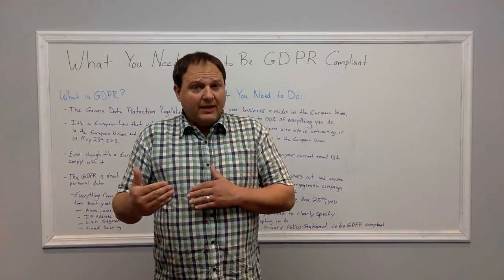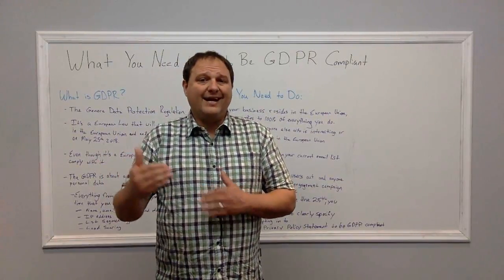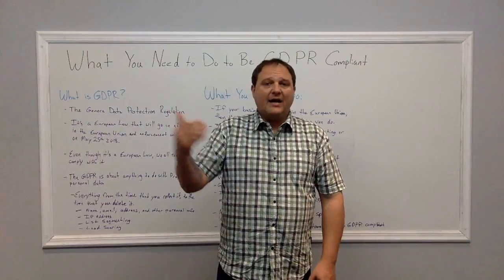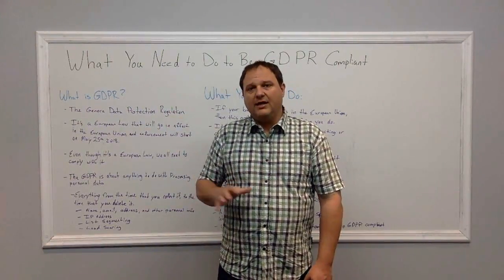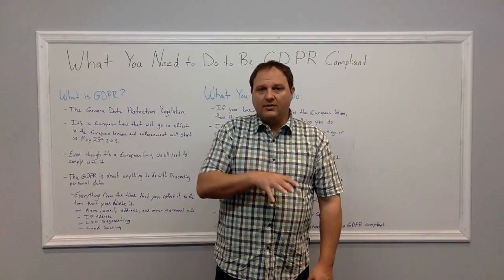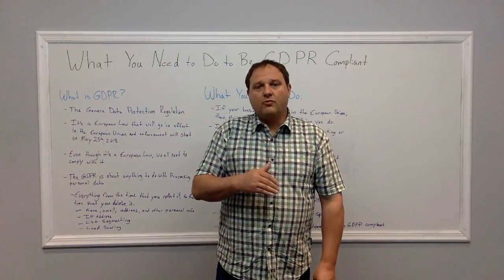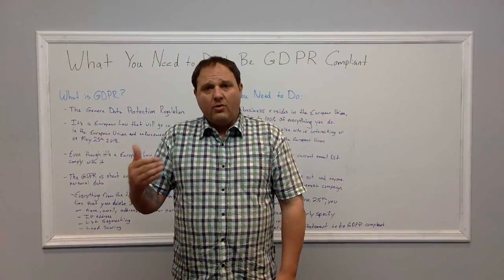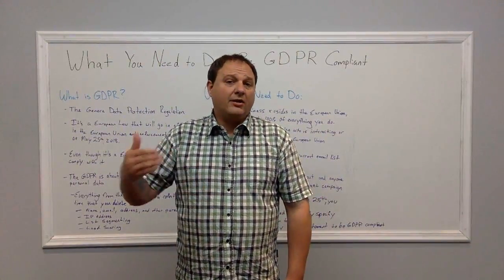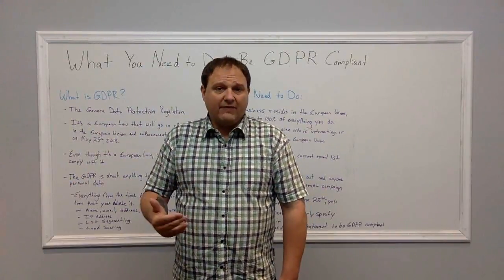Opt-in, moving forward, is not an opt-in from just downloading a lead magnet of some sort. This is not going to cut it anymore for anyone in the European Union. So you need to clearly lay out what information you're going to be giving them if they're on your marketing list.